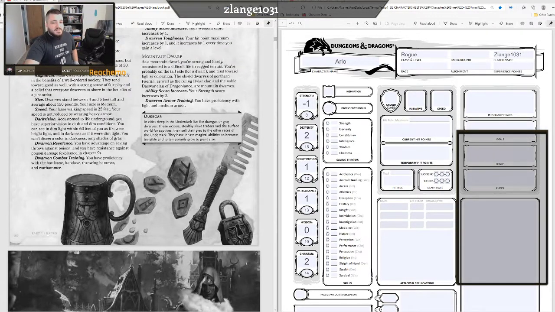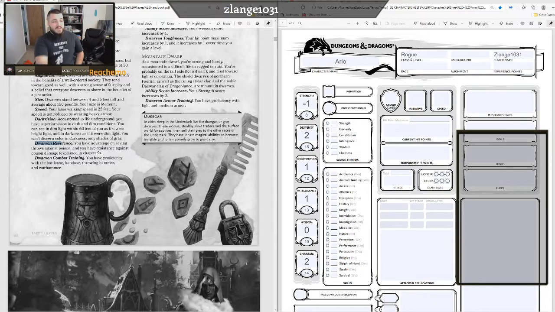Dwarven resilience. These are racial traits, something that just comes with being that race. You have advantage on saving throws against poison, and you have resistance against poison damage. So advantage and disadvantage, since it's brought up, we'll talk about it. When you make a saving throw, or a skill check, or even attacks, you roll a d20 and add the corresponding modifier to it.